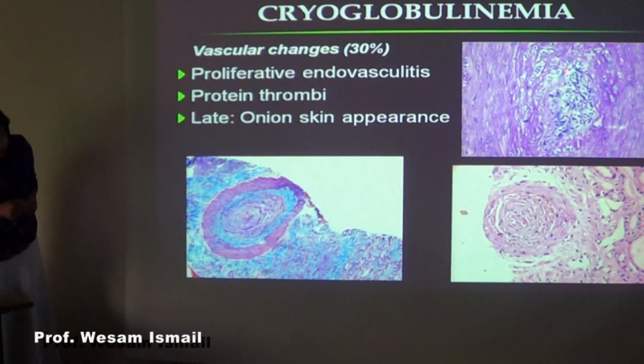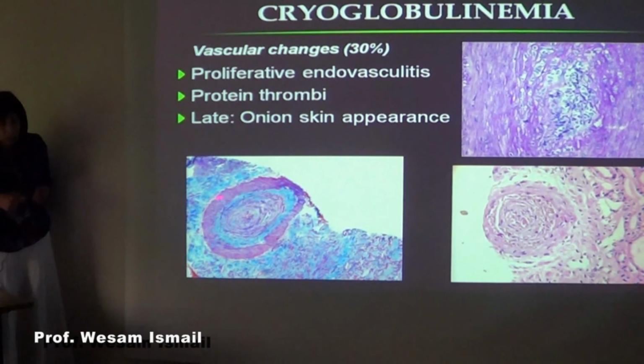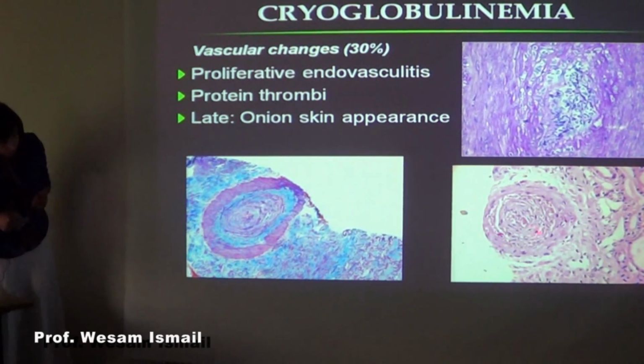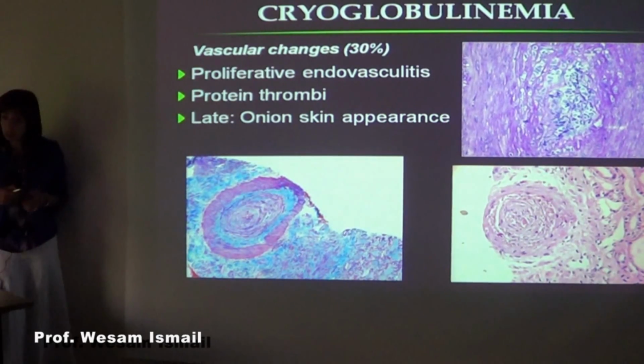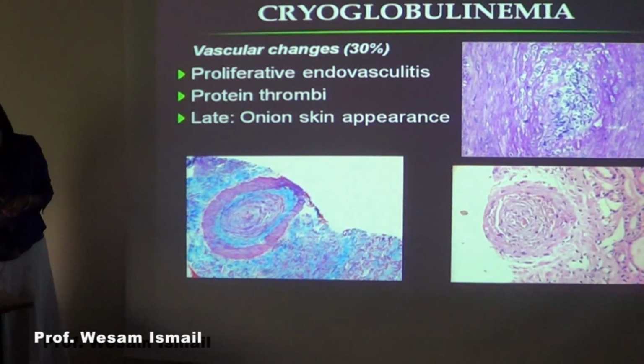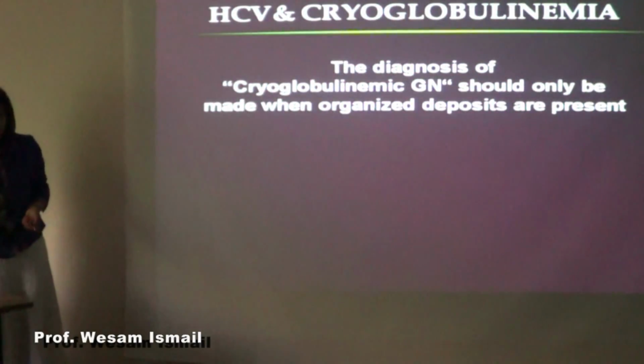All of these black dots that you see, and this is the typical onion skin appearance we have seen yesterday on a trichrome stain. You can see the intima, and again here, these small pink things are the cryos themselves, which can be deposited in the vessels as well as in the glomerulus.